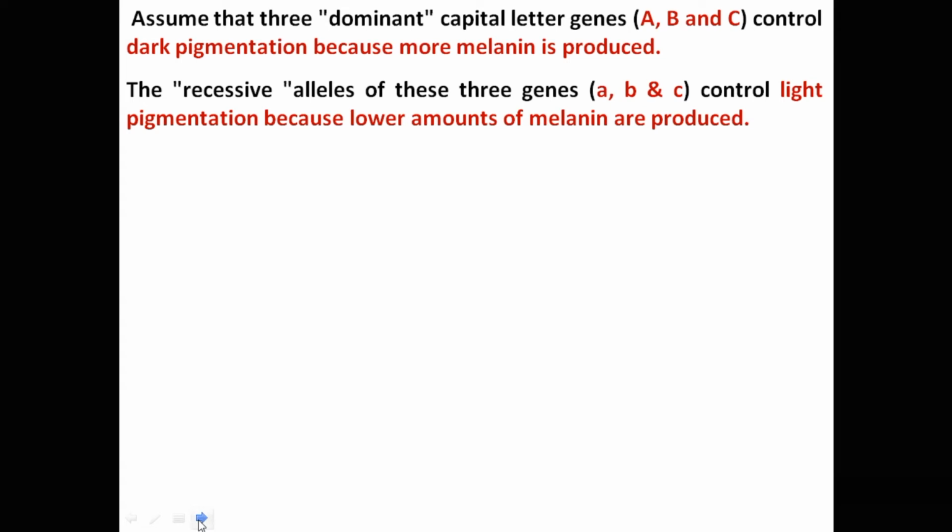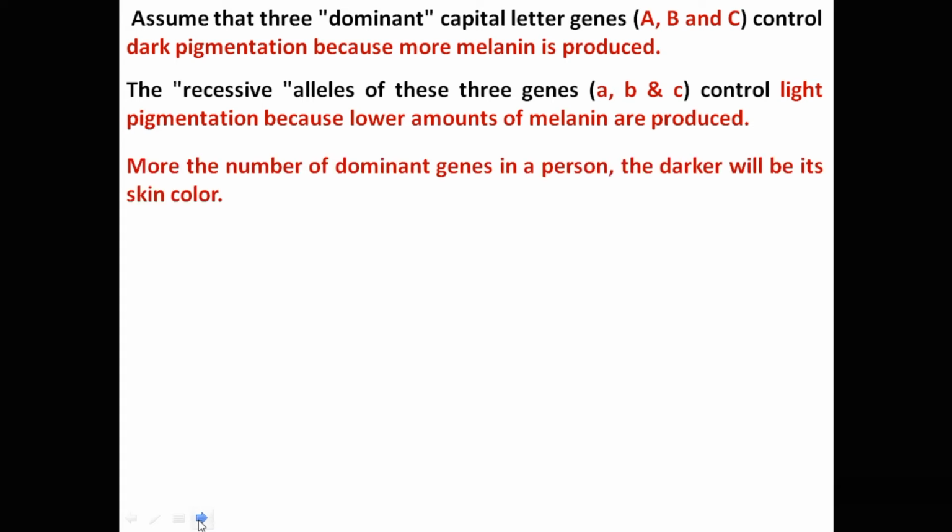The recessive alleles of these three genes, that is small a, b and c, control light pigmentation because lower amounts of melanin are produced. The more dominant genes in a person, the darker will be the skin color.